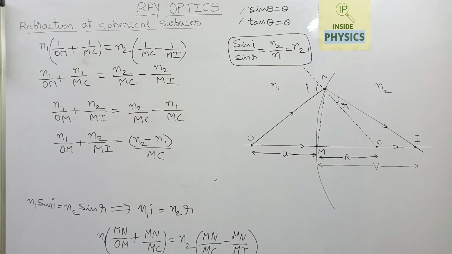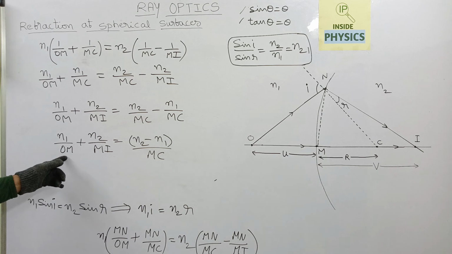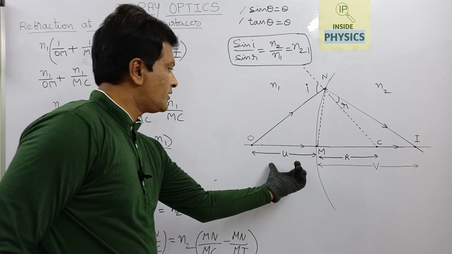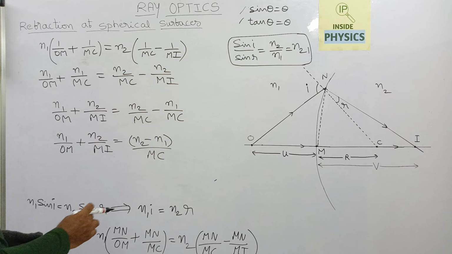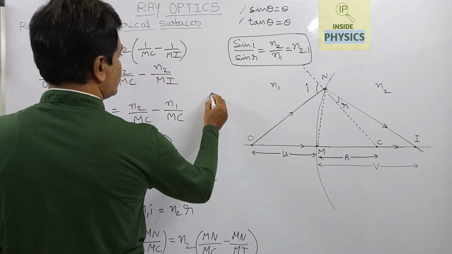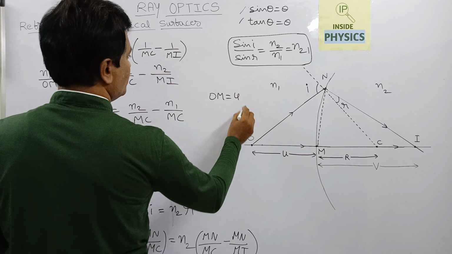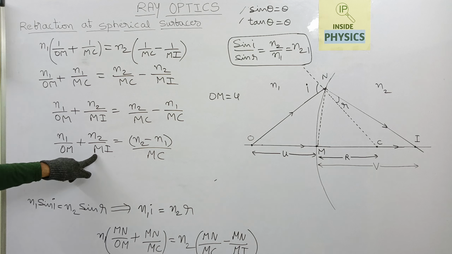Okay. So what is OM? The distance OM here from the diagram. OM is nothing but object distance. OM is equal to U. And MI, what is MI?